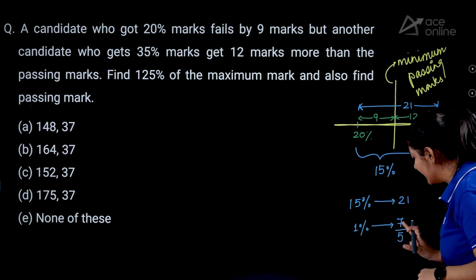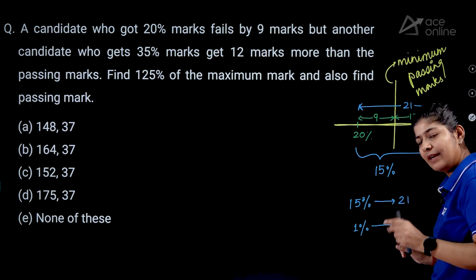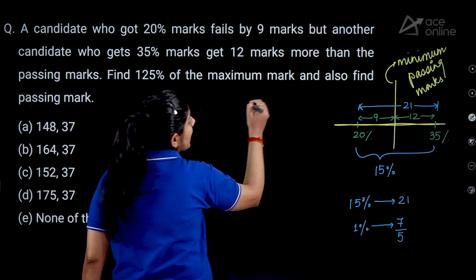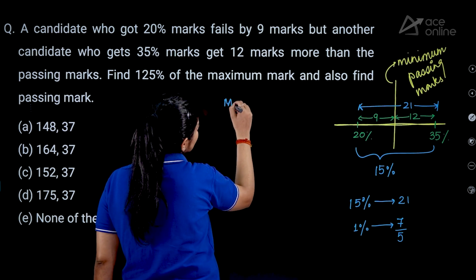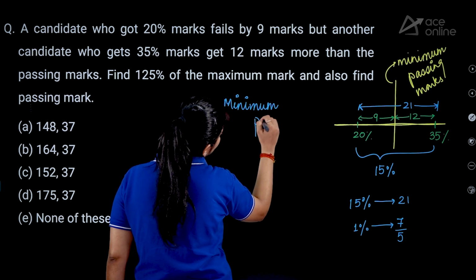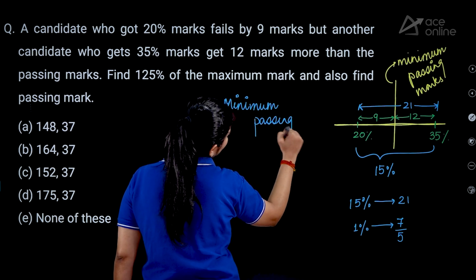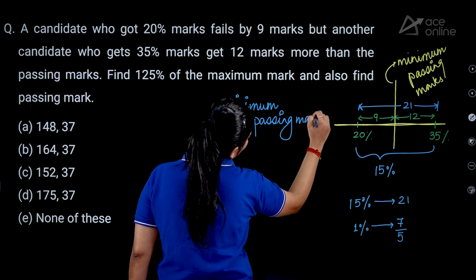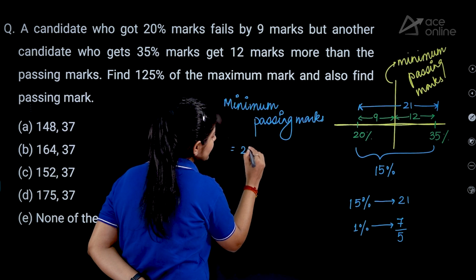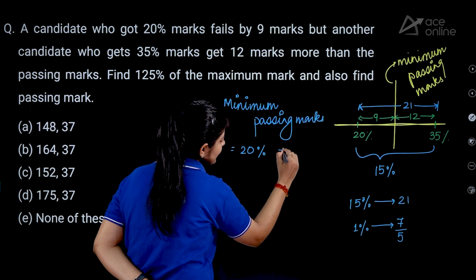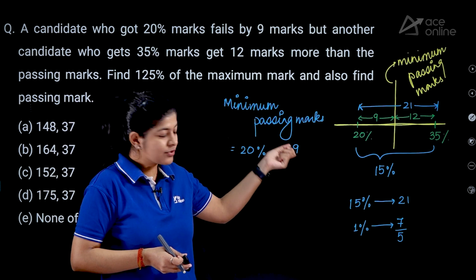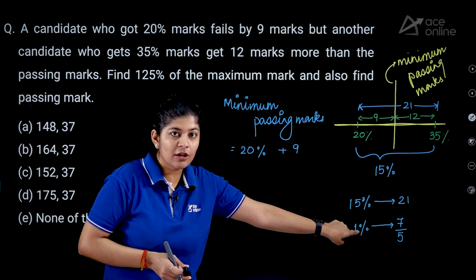If the value of 1% is 7 by 5, can we now determine the minimum passing marks? Yes, we can, because we know that the minimum passing marks is nothing but 20% plus 9 marks. We can't directly add these values, so I'm finding the value of 1%.